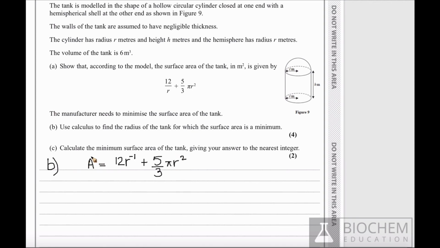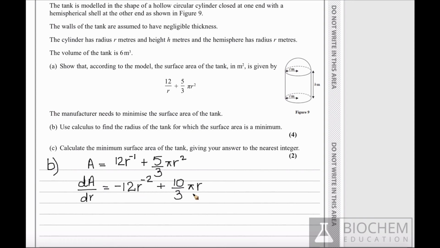Now differentiating this area with respect to r, we will write this as dA over dr. So we will take this -1 and multiply with this number, and we will get -12 r, and we will subtract 1 from the power, and we will get this as -2. This 2 will be multiplied by 5/3, so we will get this as 10/3 pi r. 2 minus 1 is 1.